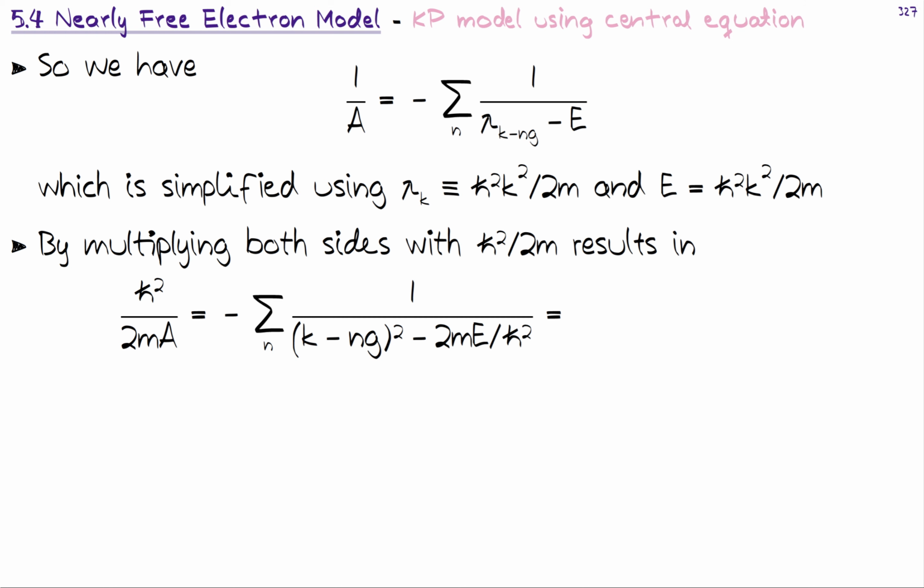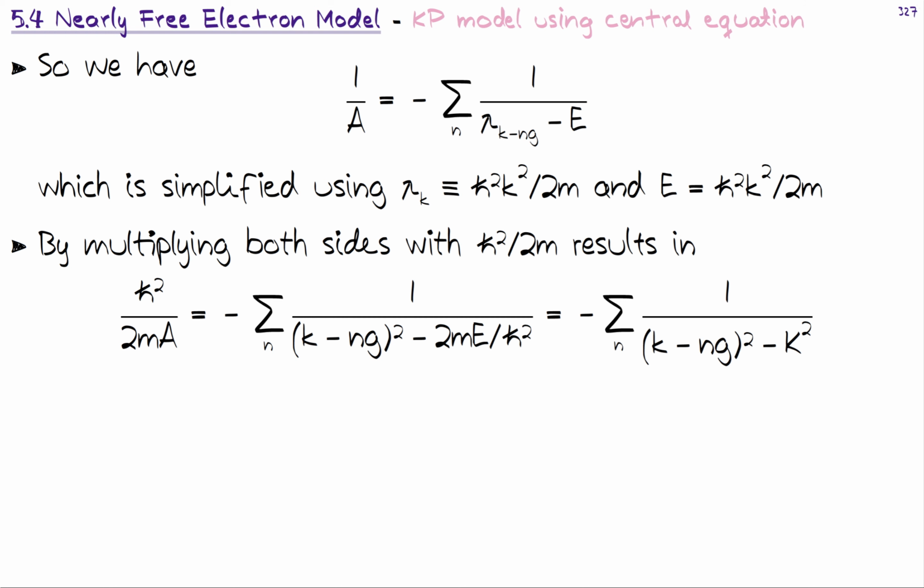And now the below can be further simplified, so that's minus the summation over n of 1 over (k minus nG) squared minus k squared. Please note this essentially equals k squared here, as seen here, so that this is essentially what we're using.